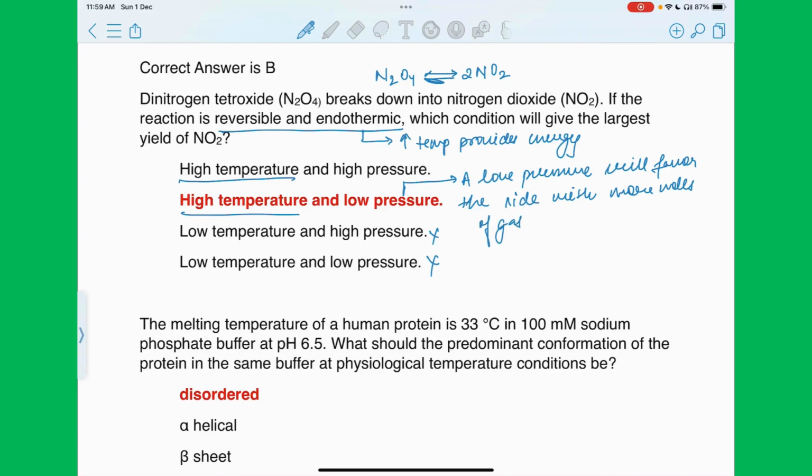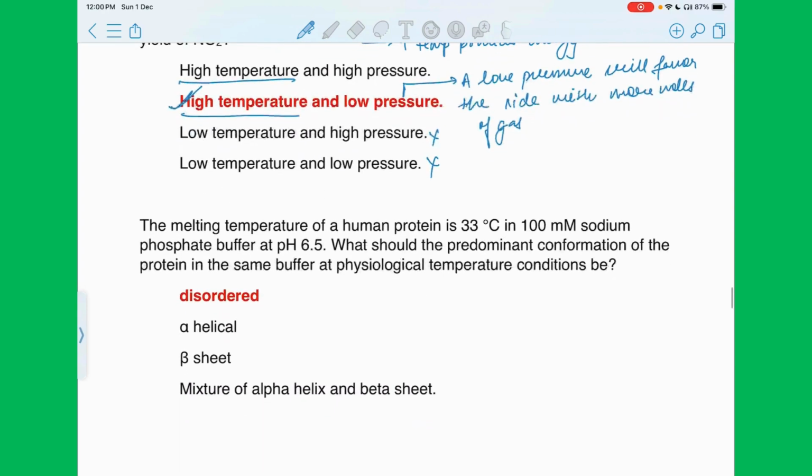So we see that the larger number of gas moles is in the forward reaction, that is when nitrogen dioxide is getting produced. So the correct option is second. Let's go to the third question.